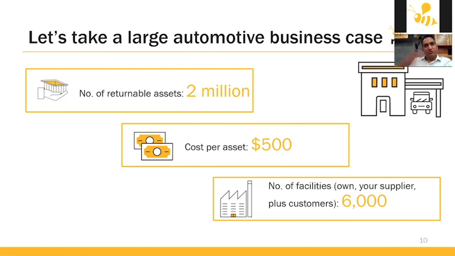And you're actually moving this across the world. You probably have like 200 factories, and you have like 5,000 to 6,000 suppliers who are supplying raw materials to you back and forth, right? So let's use this business case and let us see how each technology that could solve this problem plays along.